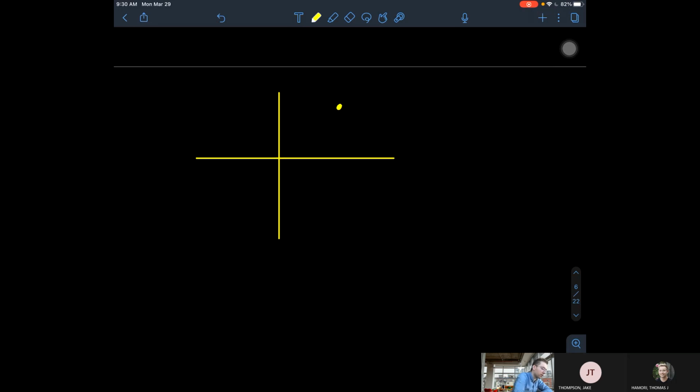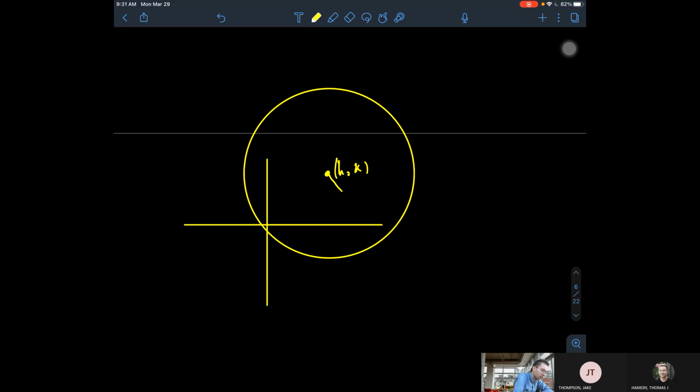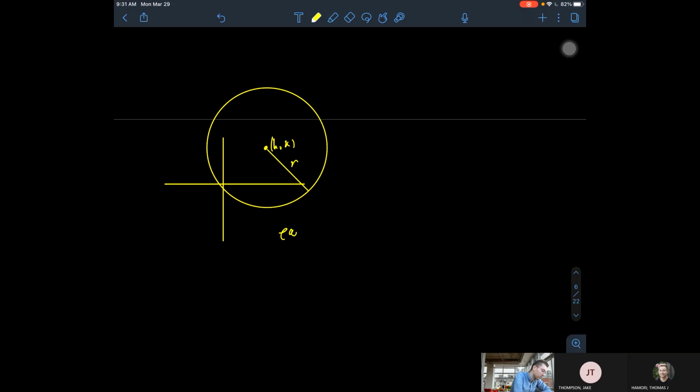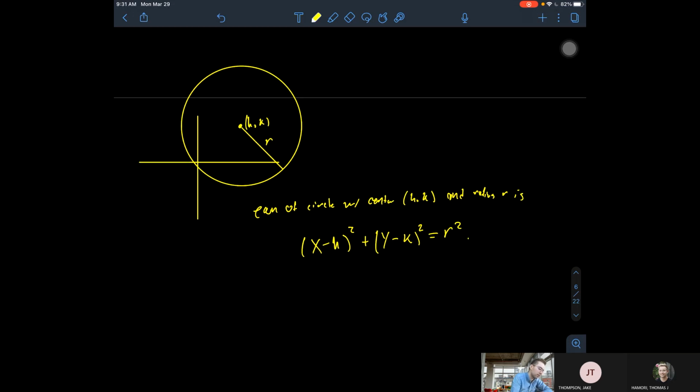We said if we have a circle whose center is the point h comma k, and the radius of that circle is r, then we said that the equation of this circle with center h, k and radius r is x minus h squared plus y minus k squared is equal to r squared. Does this look familiar at all?